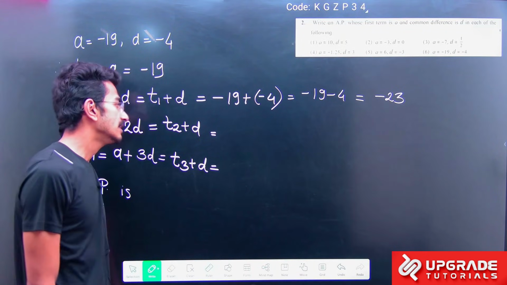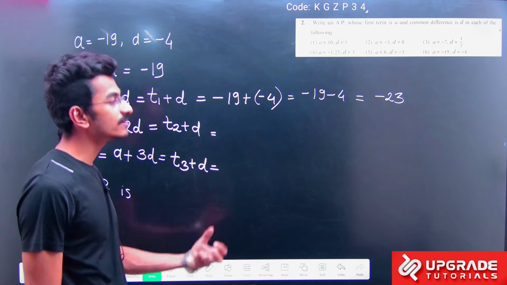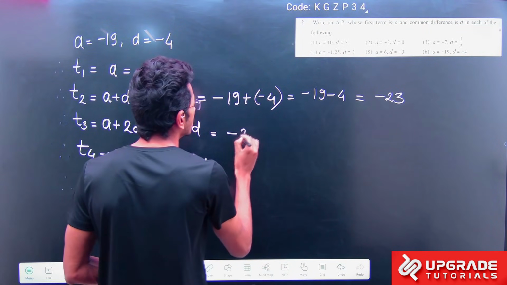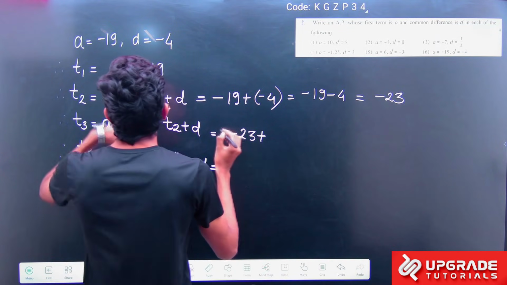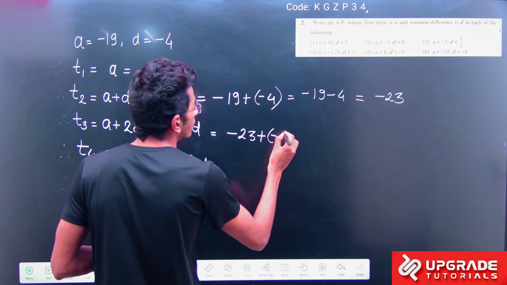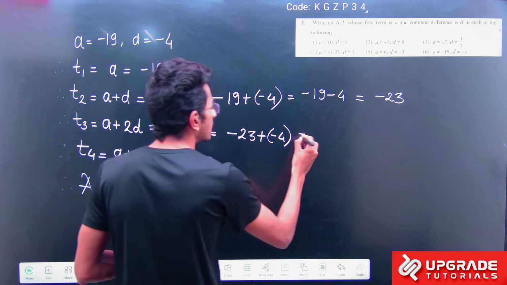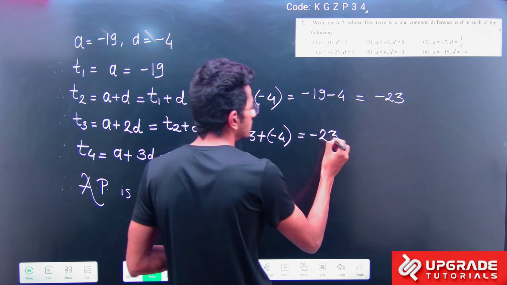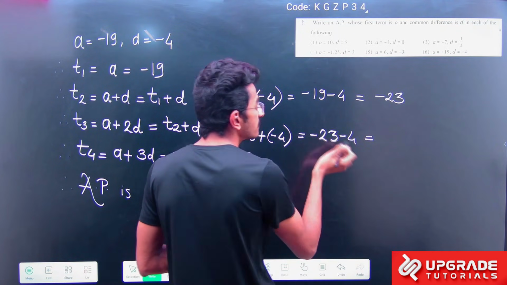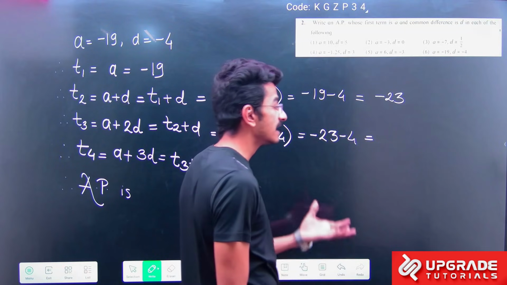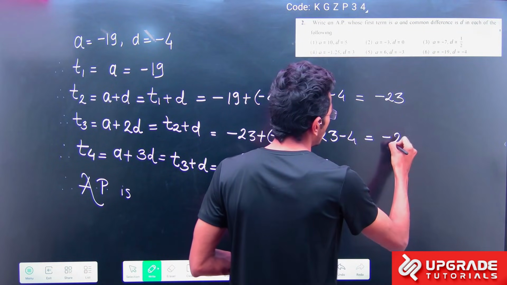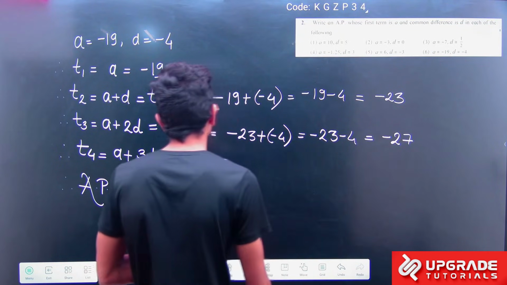Understood? Yes. T3 is T2 plus D. What is T2? Minus 23. Plus. What is D? D is minus 4. Plus minus again becomes minus. And minus minus becomes plus and the sign of the greater number. So it is minus 27.